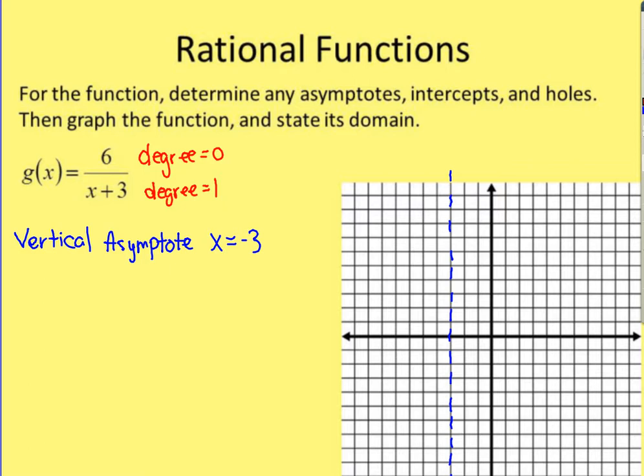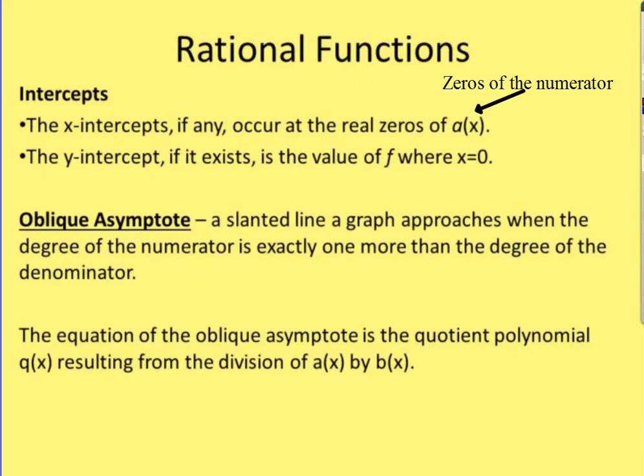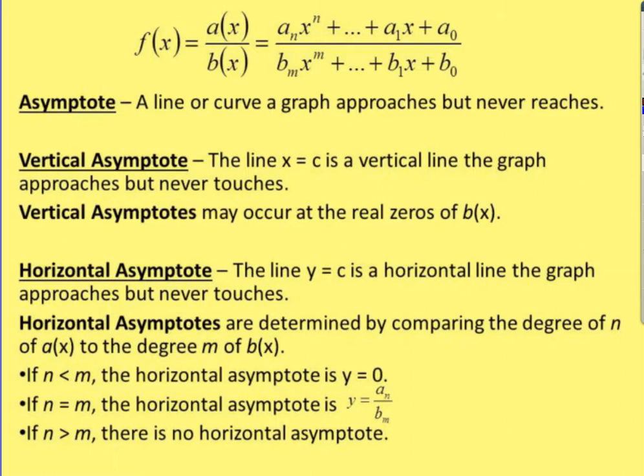Now, if we remember back to our rules about horizontal asymptotes, if the m is greater than the n, so the denominator has a higher degree than the numerator, then we will always have a horizontal asymptote of y is equal to 0.